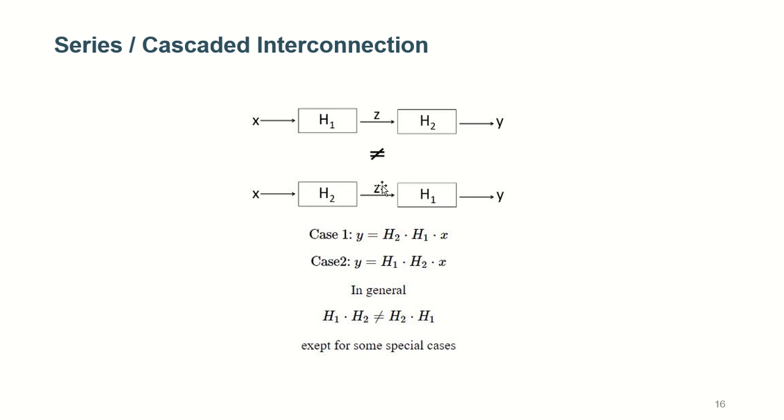And if the output z of this system is not equal to the previous system, then how will our final output y be equal to this system, right? So it is not the same, but there are some special cases for which it can also be equal, but for most of the cases, it is not necessarily equal.